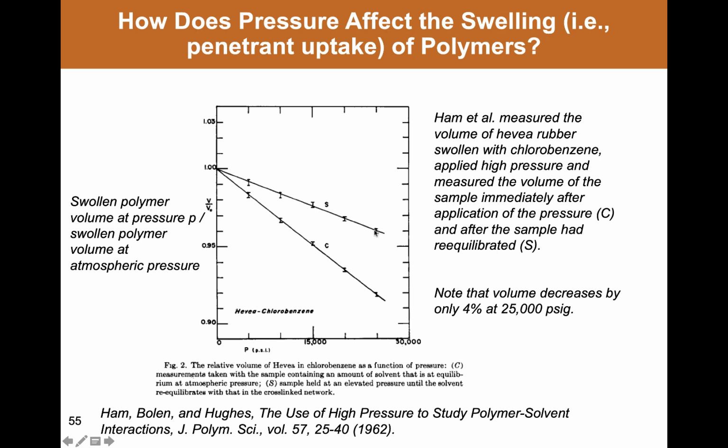Here at 25,000 psi, the volume of the polymer sample is still 96% of its volume at ambient pressure. And we'll focus on these equilibrated lines that are labeled S here.